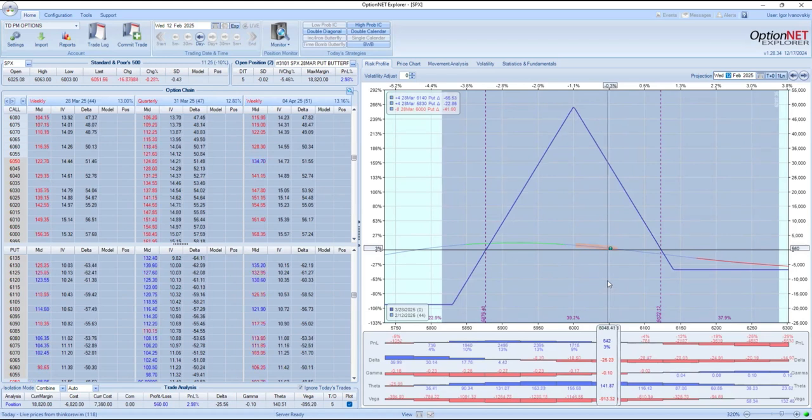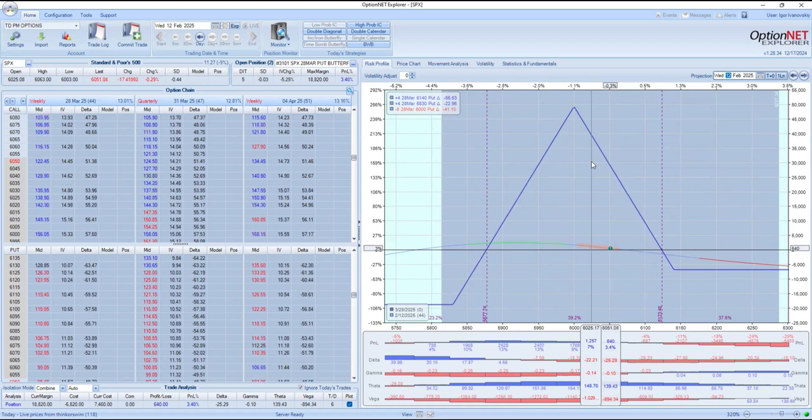One way you can set your GTC orders to close: for example, if you put this trade on and you're not going to add anything to it, you just want to give it enough time for the value of all options to decay to get out with, let's say a 5% gain in this trade.